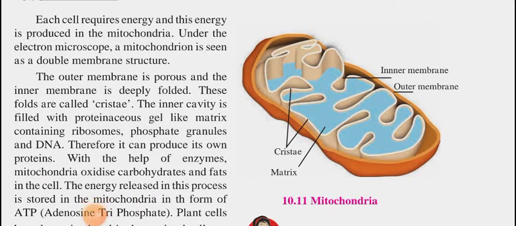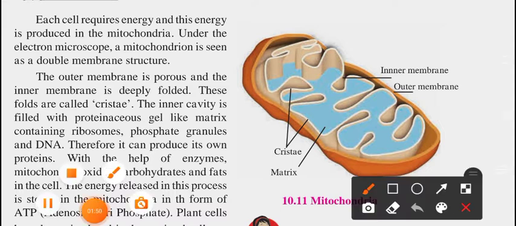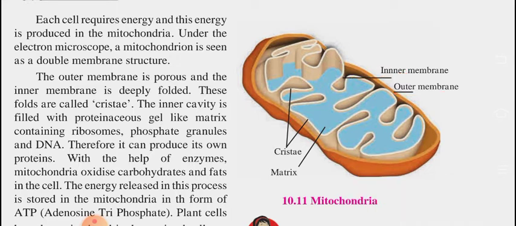In this figure you can see the crystal matrix. The blue portion is the matrix, and there is a space with its structure, that is the inner membrane and the outer membrane. So these are the names of the parts included in the mitochondria.